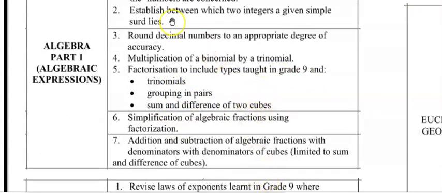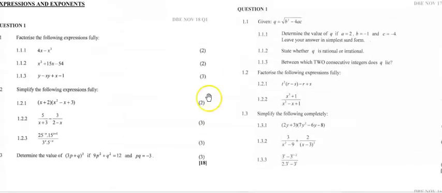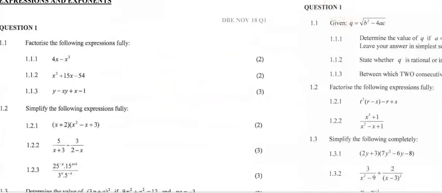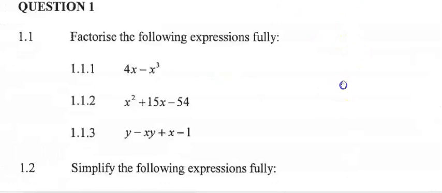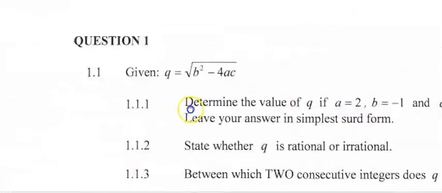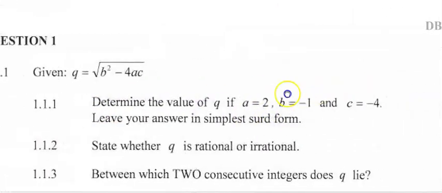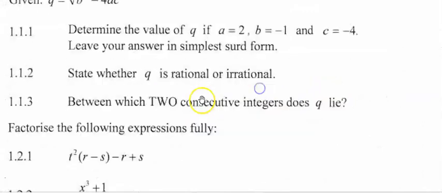So let's look at a recent past examination question, right over here, algebra. We've already covered, I think, the 2018 examination paper question 1. So let's look here at what came out in the 2017 paper.